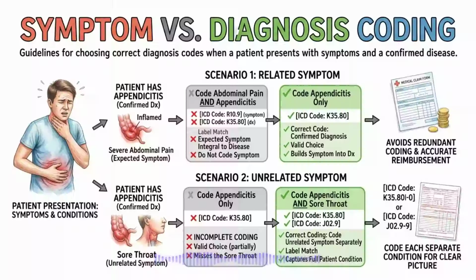You will often encounter situations where a patient comes in with a symptom, like severe abdominal pain, but leaves with a confirmed diagnosis, like appendicitis. The coding guidelines state that you should code the confirmed diagnosis and not the symptom. Symptoms that are an expected and natural part of a disease are already built into the main disease code.